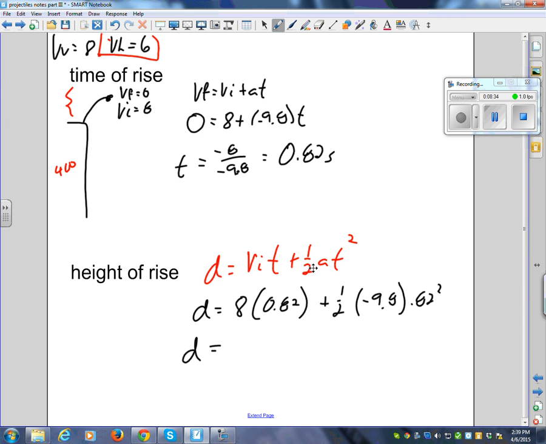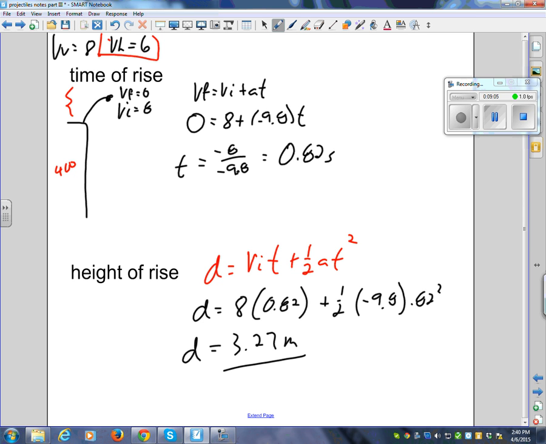There's no way you could do this question without writing it out. I get 3.27. 3.27 meters.